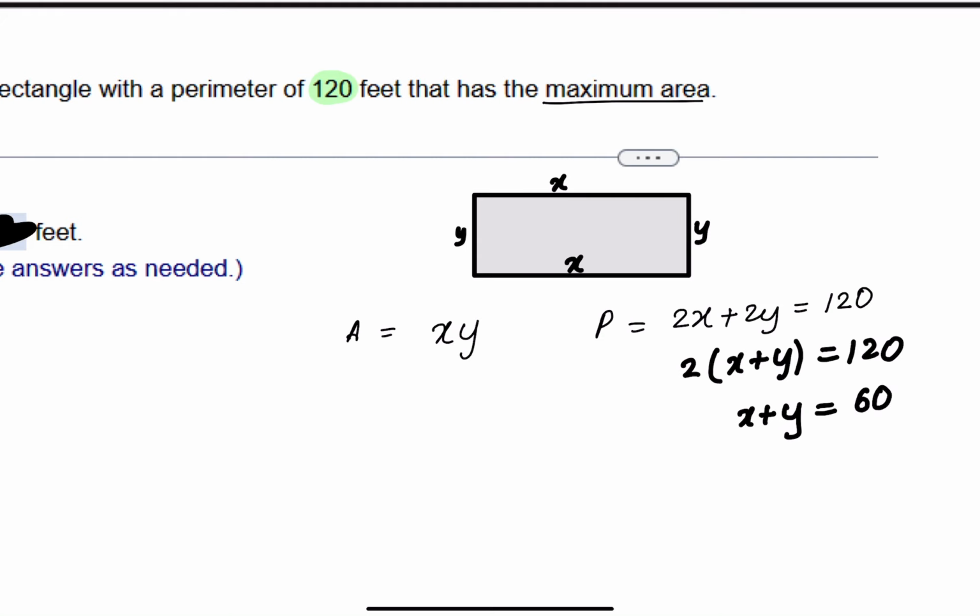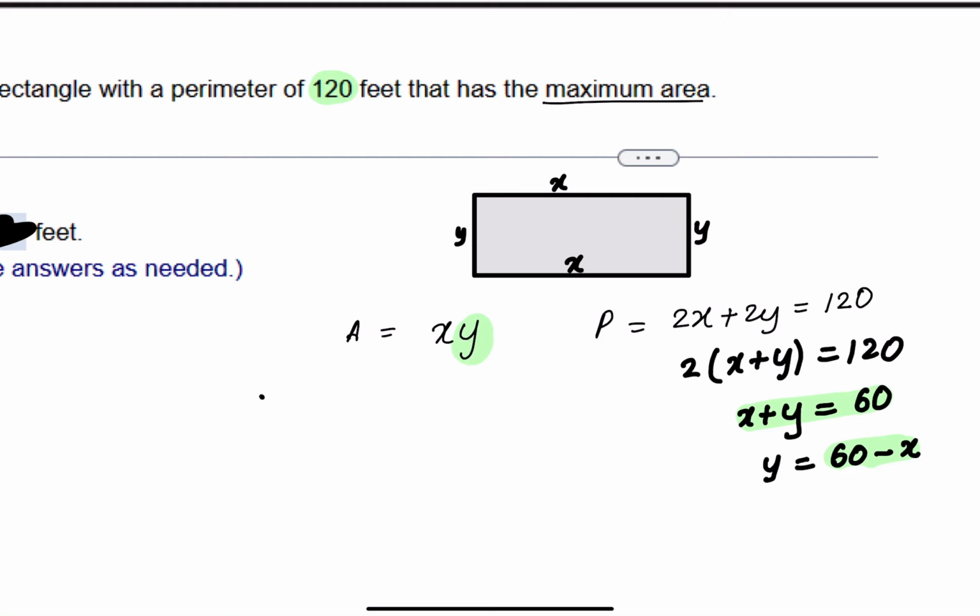And here I can find the relationship. What I'm trying to do here is I'm trying to change y in terms of x. So from here, I can go ahead and say y is simply 60 minus x.